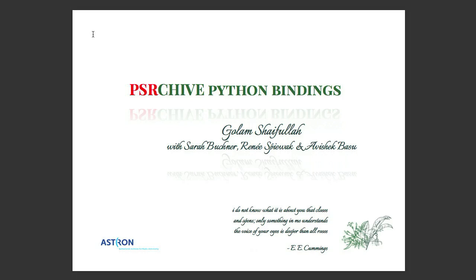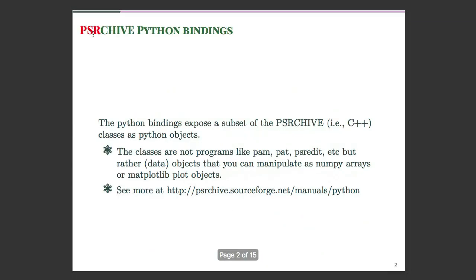Those are the Python bindings. Essentially, this is a set of wrapper code which allows you to access, for the specific case of Psrchive, just a subset of many of the functions that exist in the Psrchive code base.